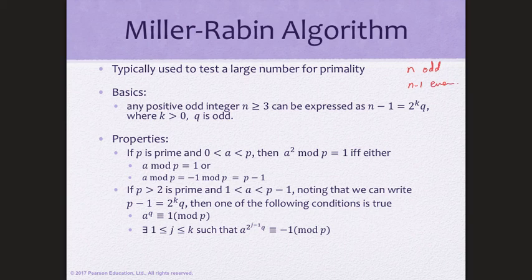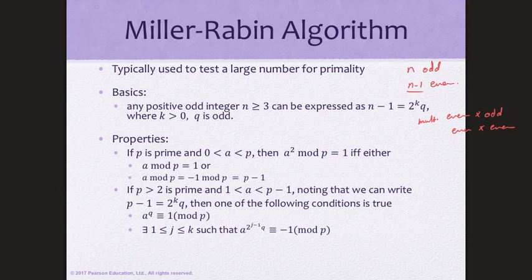Okay, if this is the case, and n minus 1 is even, we know that an even number can come from multiplications of even times odd, or even times even. If you multiply an odd by an odd, you get an odd number. But if you multiply an even with an odd or an even with an even, you get an even number.